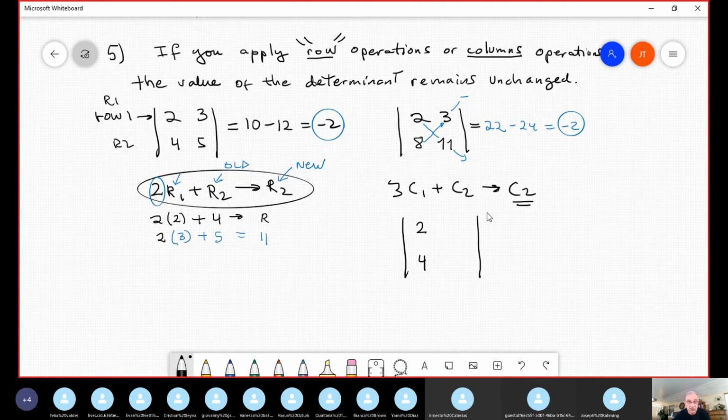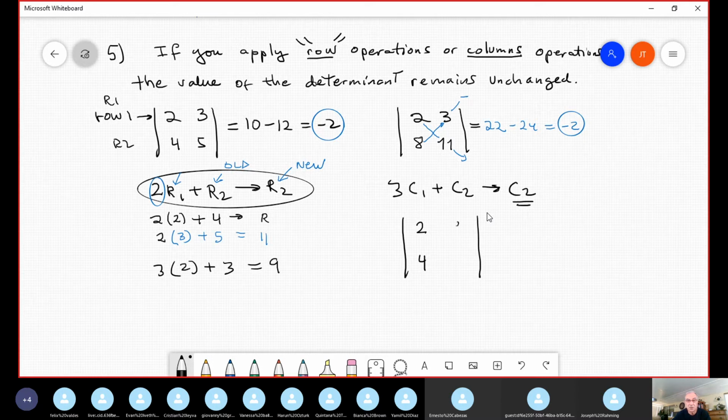So, 3 times column 1, whose first element is 2, plus column 2, which is 3. So 3 times 2 is 6, plus 3 is 9.